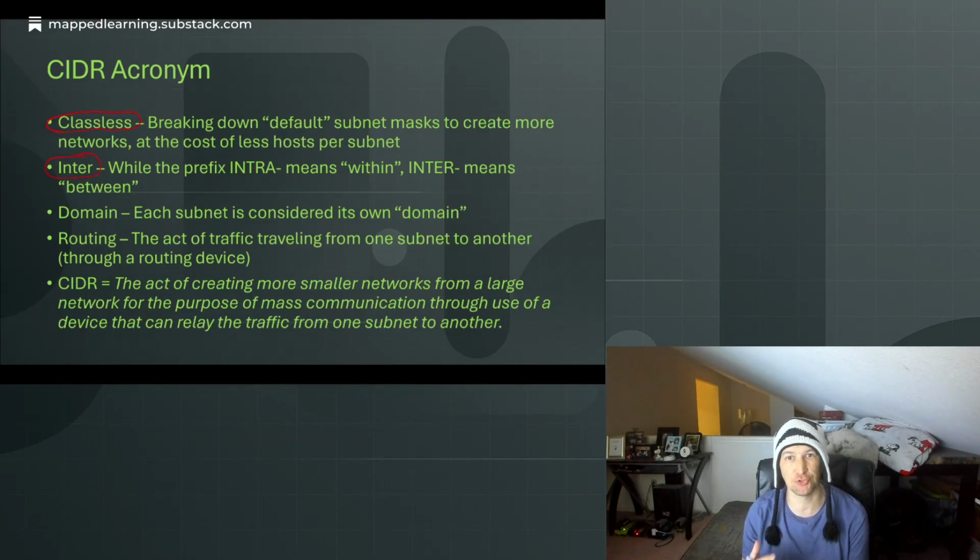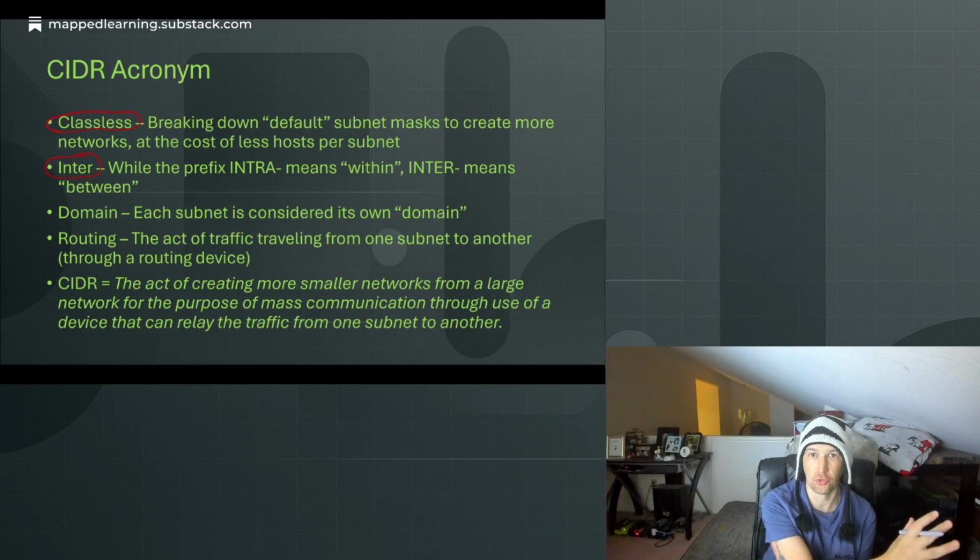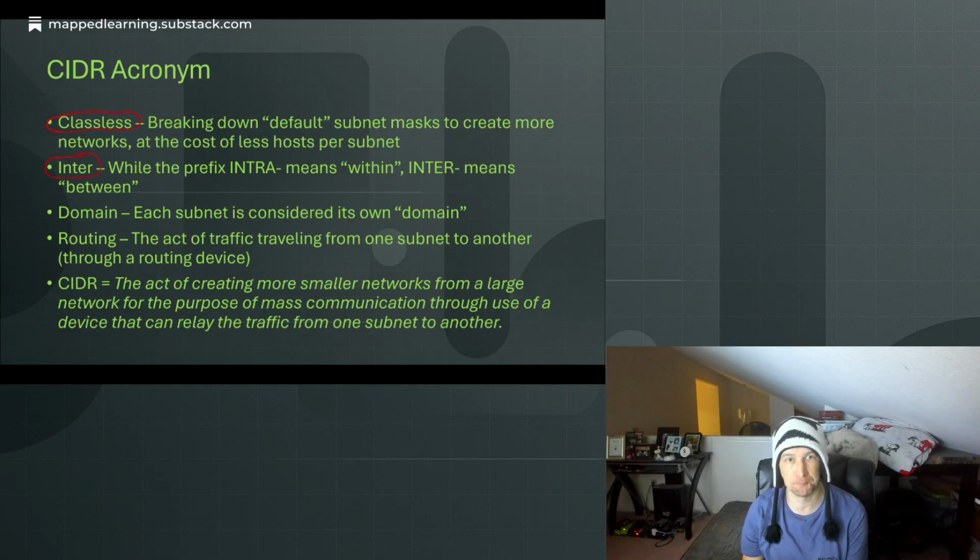So if we have an intranet, that is a network that is within a company. Internet is the global internet at large, but it just means other networks that talk to each other. So when we say inter, it means from one to another that is external from ourselves.